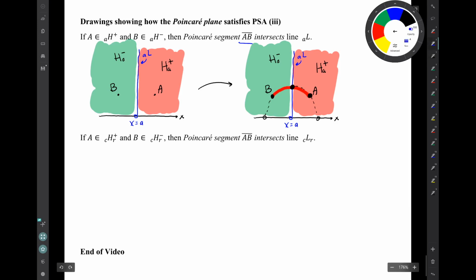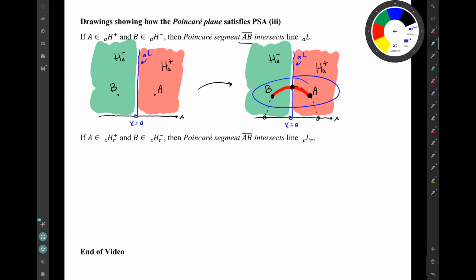So on the left you see a drawing showing points A and B in opposite half planes of that Poincaré type 1 line. And in drawing number 2, you see segment AB intersecting that line. Notice in that drawing I've highlighted that point where the segment intersects the line.